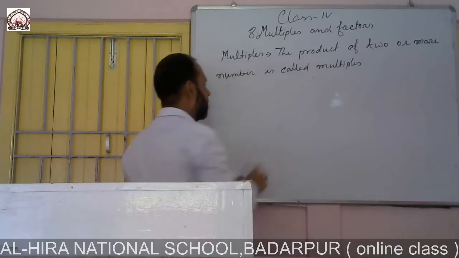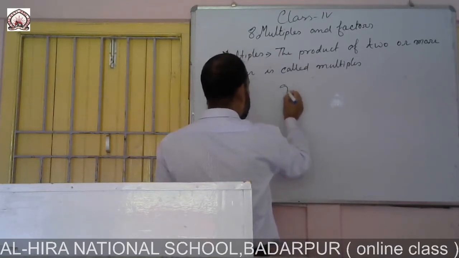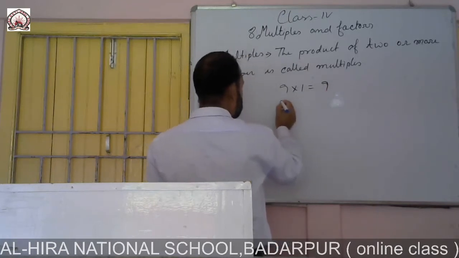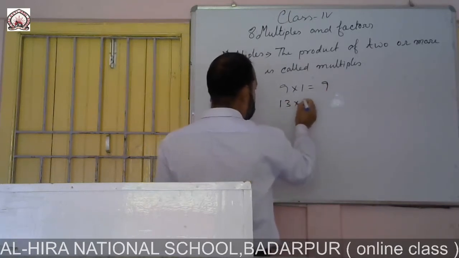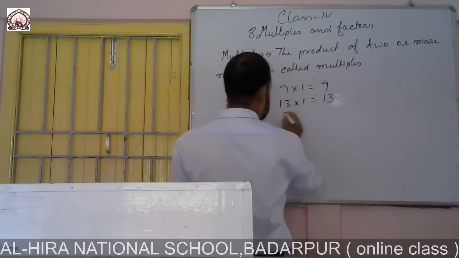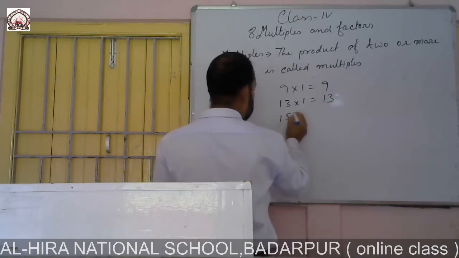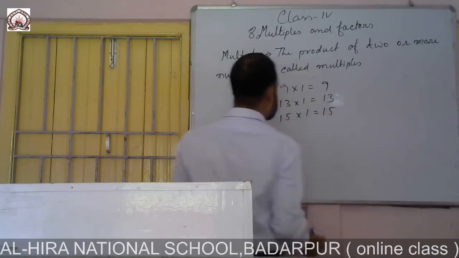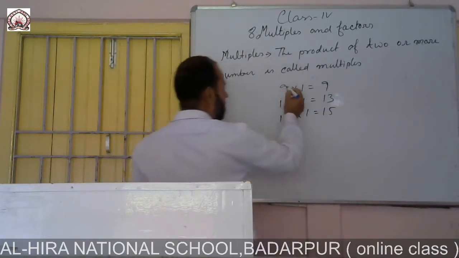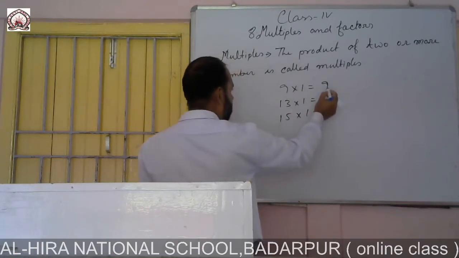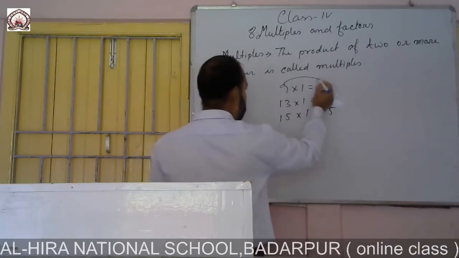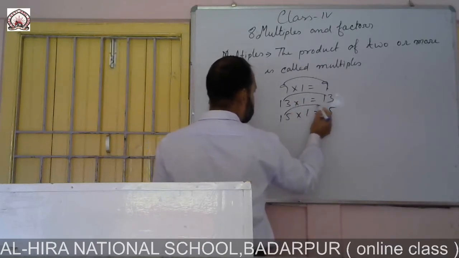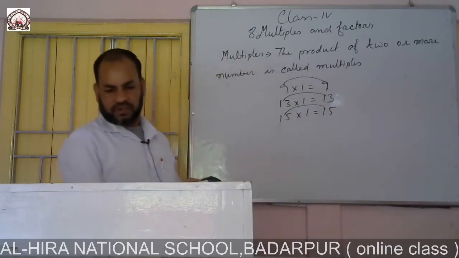For example, 9 1 is 9, 13 1 is 13, 15 1 is 15. So here we found 9 is the multiple of 9, 13 is the multiple of 13, and 15 is the multiple of 15.